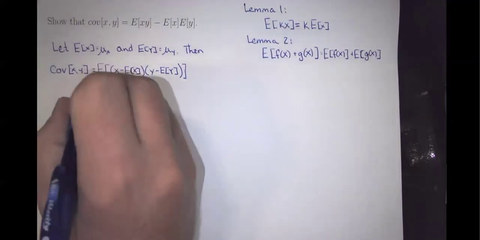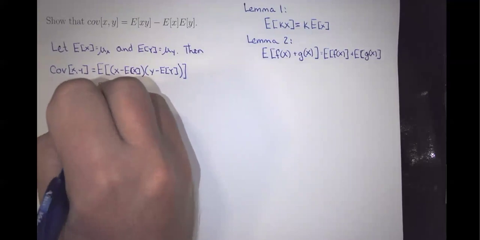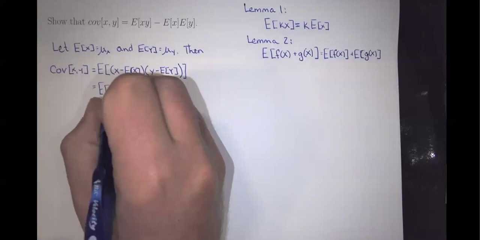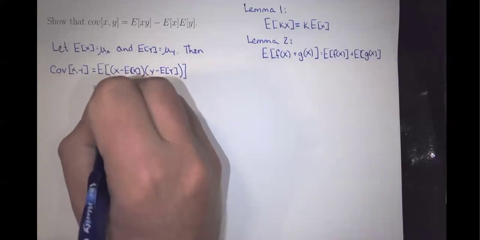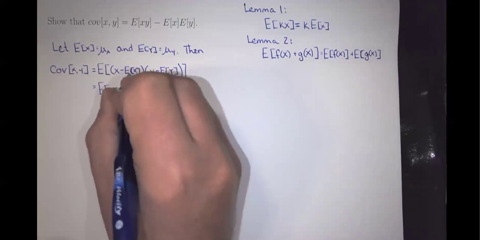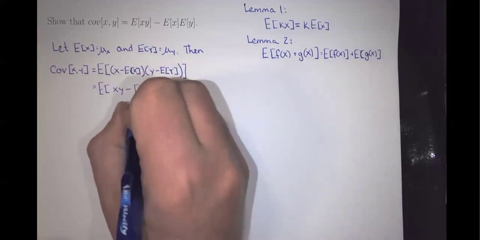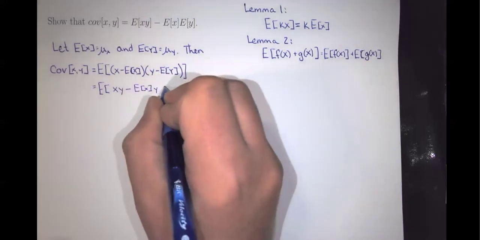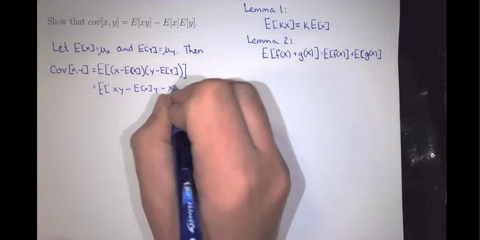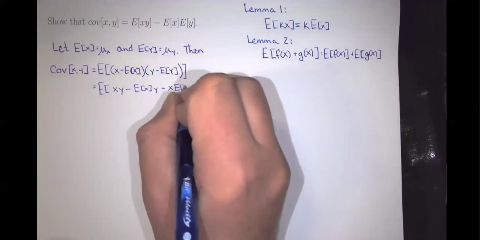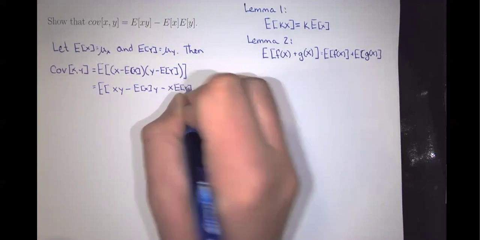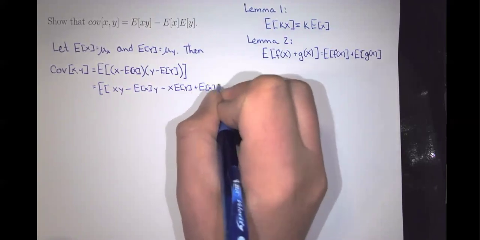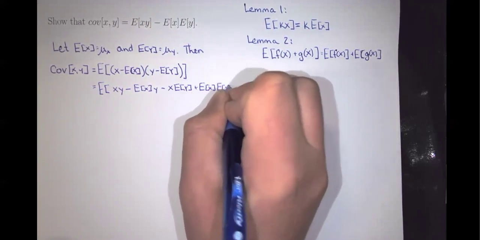Now, if we look inside that expected value bracket, we've got x times y minus the expected value of x times y minus x times the expected value of y plus the expected value of x times the expected value of y.